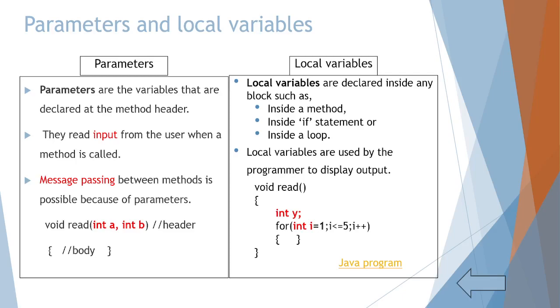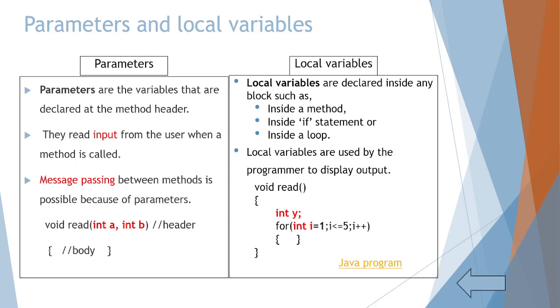Such kinds of variables are known as local variables. Local variables are used by the programmer to display output, to store intermediate results, or to run a for loop, all these things with the help of local variables.